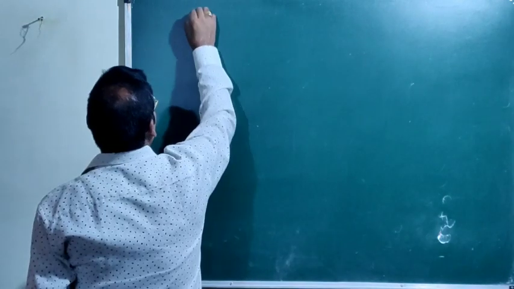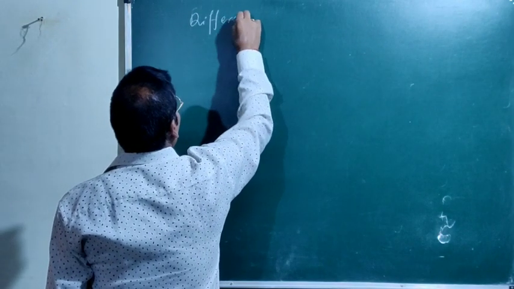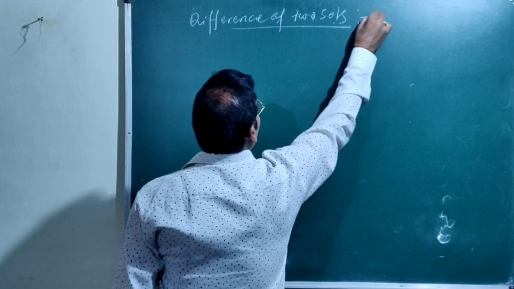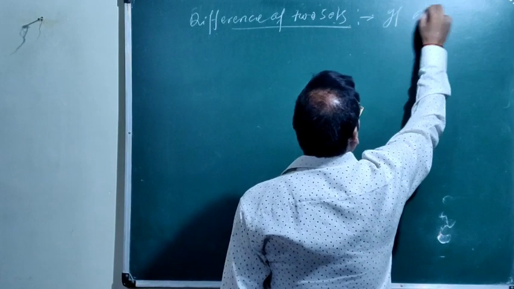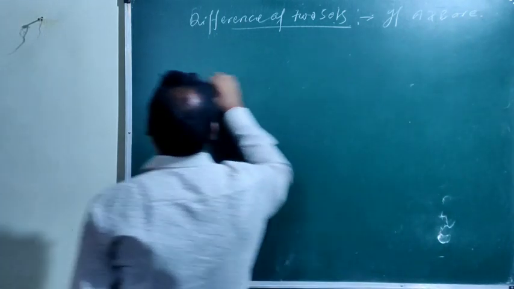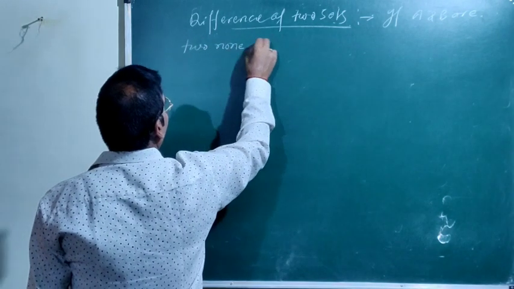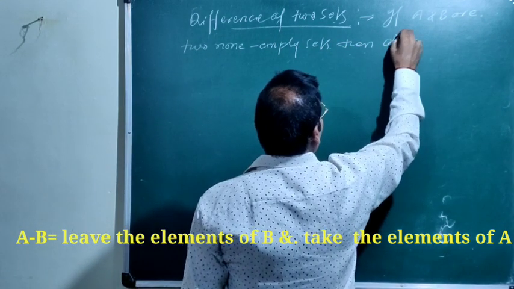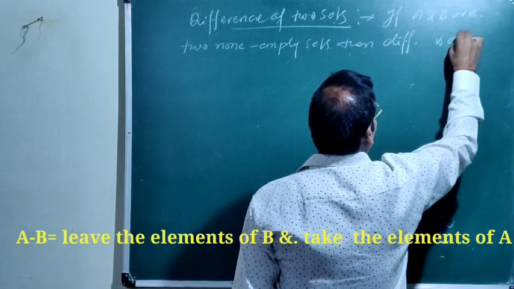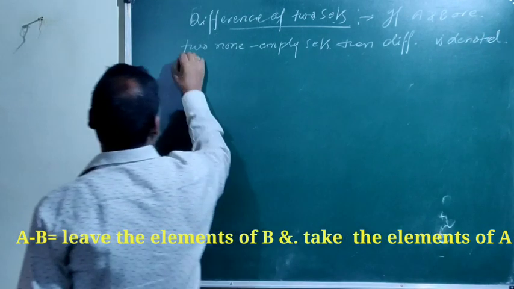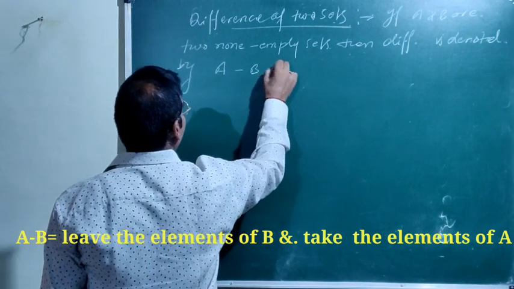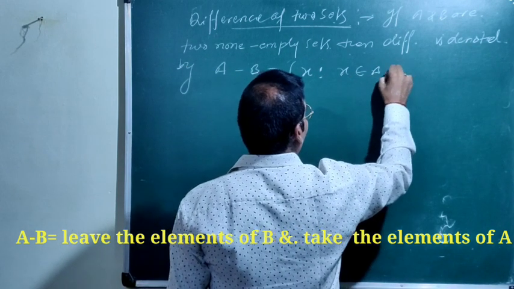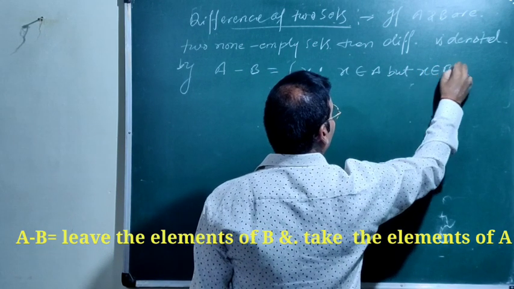Now the difference of two sets. If A and B are two non-empty sets, then the difference is denoted by A minus B. This is equal to {x : x belongs to A but x does not belong to B}.